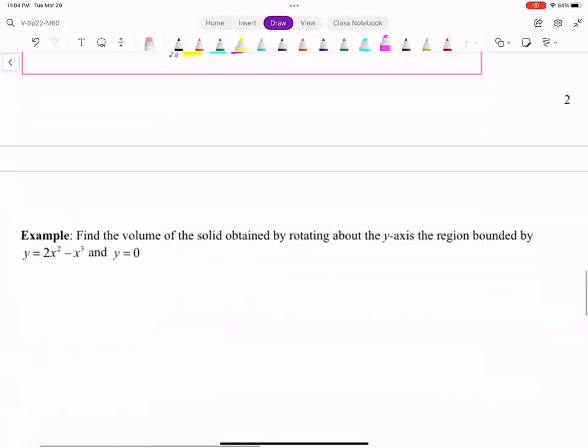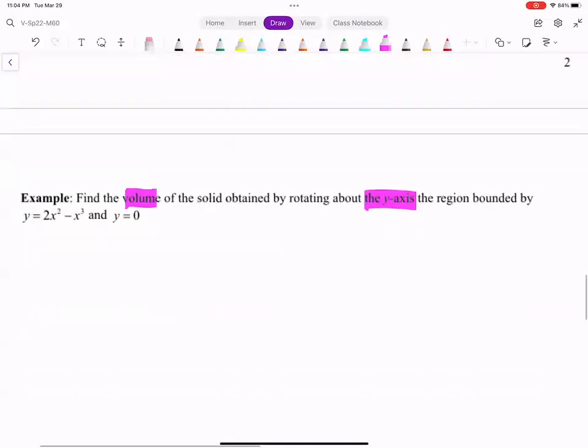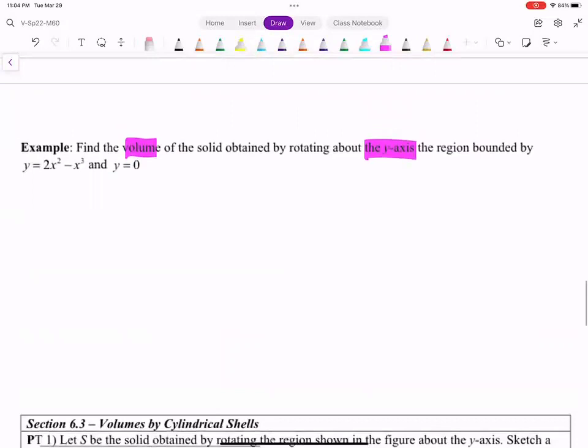Let's take an example. Find the volume of the solid obtained by rotating about the y-axis the region bounded by the curve y equals 2x squared minus x cubed and y equals 0.